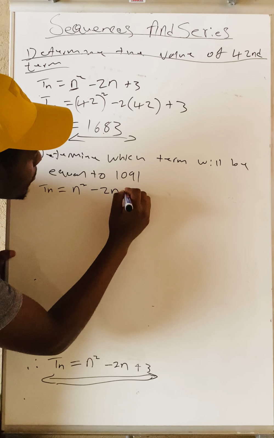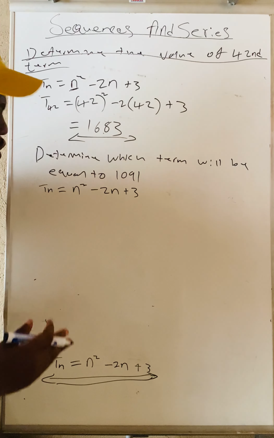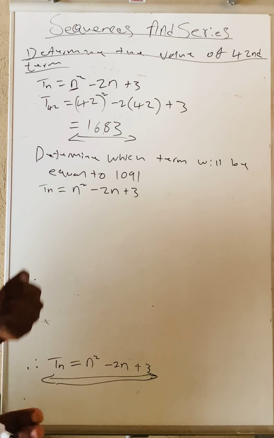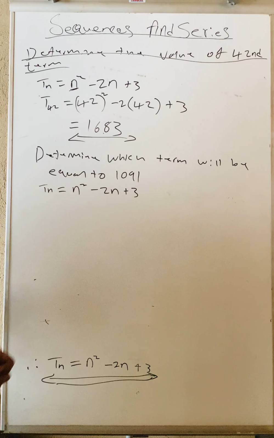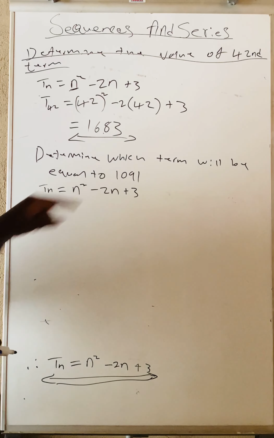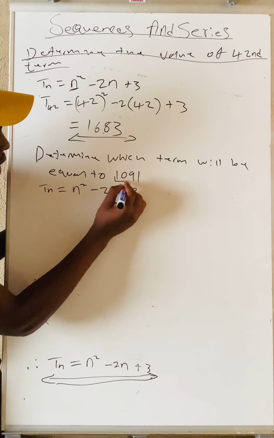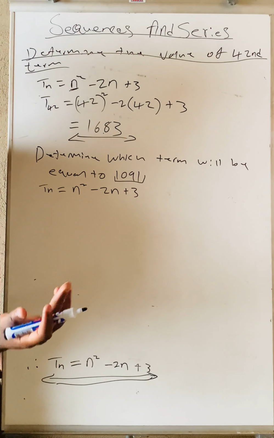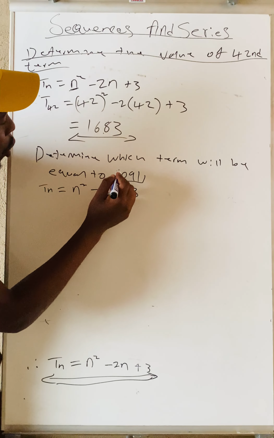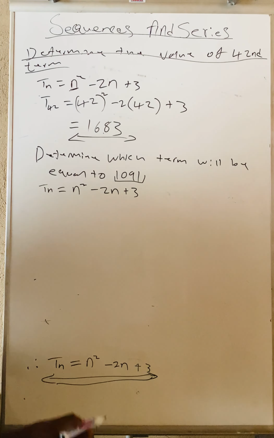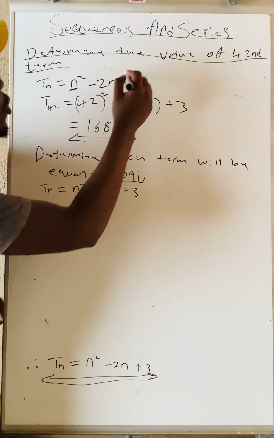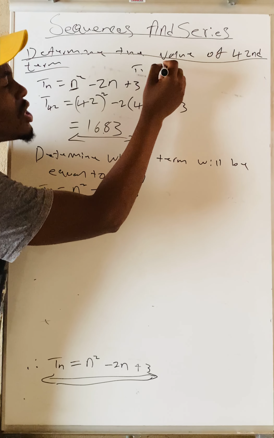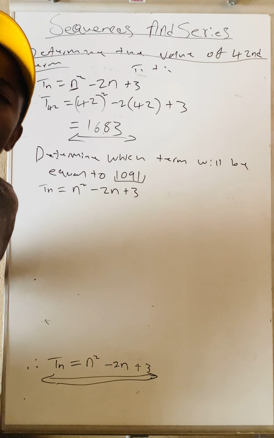It shows that you understand what you are doing, right? From here, again, I told you that this one is our Tn, is given. They need which term it will be equal to this one. Our terms are those T1, T2, T3, they need those one.